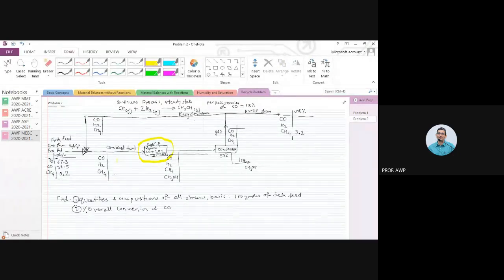I want you to find out the percent conversion across the whole plant, meaning this green control volume.